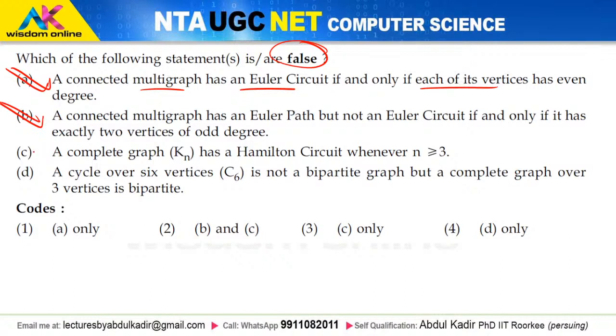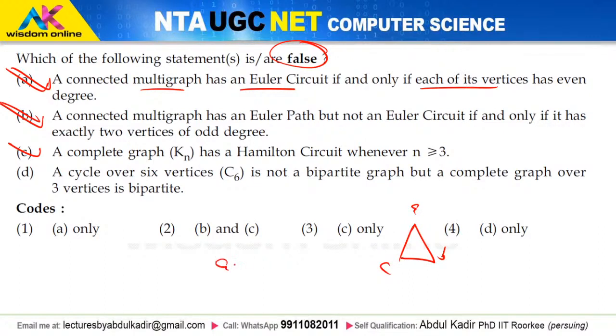Next, a complete graph has a Hamiltonian circuit whenever n is greater than or equal to 3. This is also correct. Why? Because a complete graph on 3 vertices A, B, C has a Hamiltonian circuit.